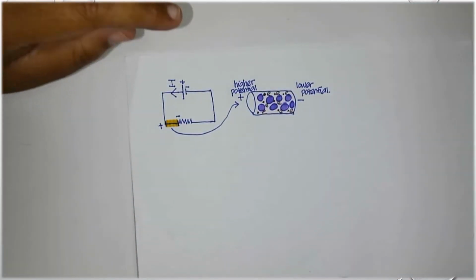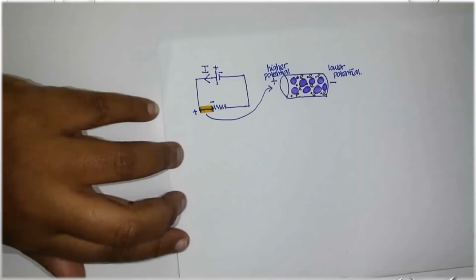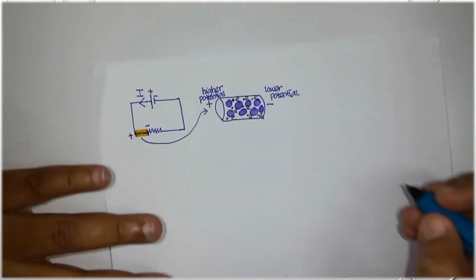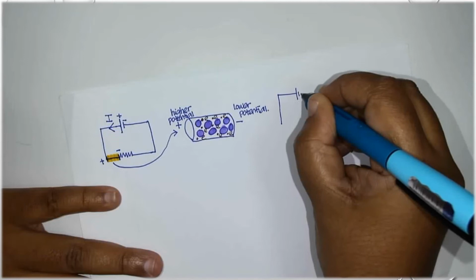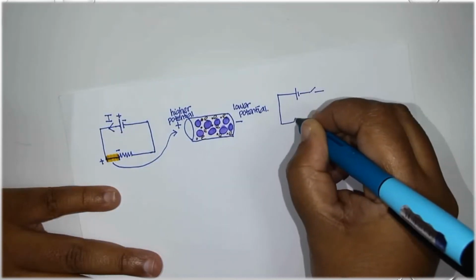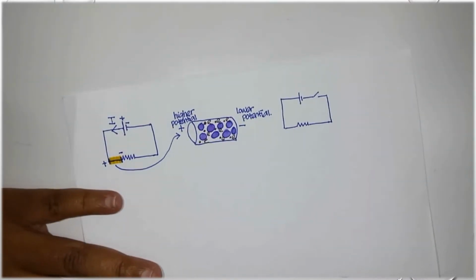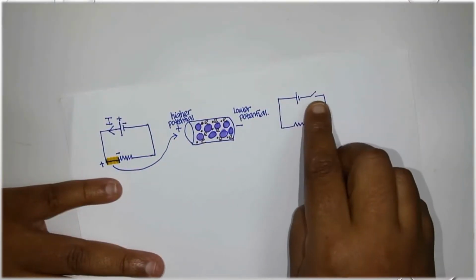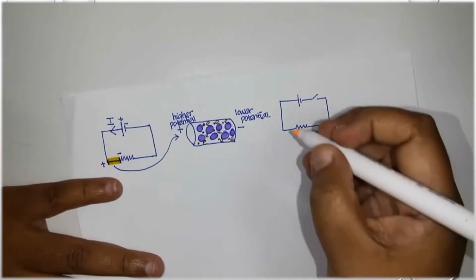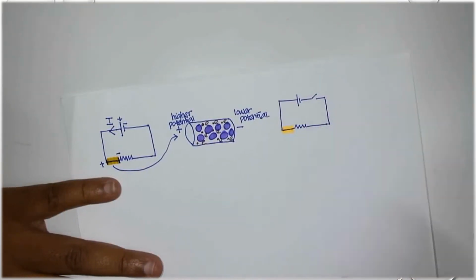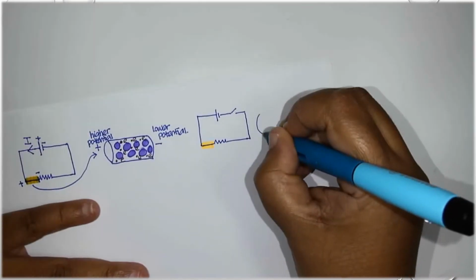Now when the switch is open, I'm going to draw here. When the switch is open like this, that means current will not flow because the switch is open. So I'm just going to take a little portion of this wire and cut it off, so it will look something like that.